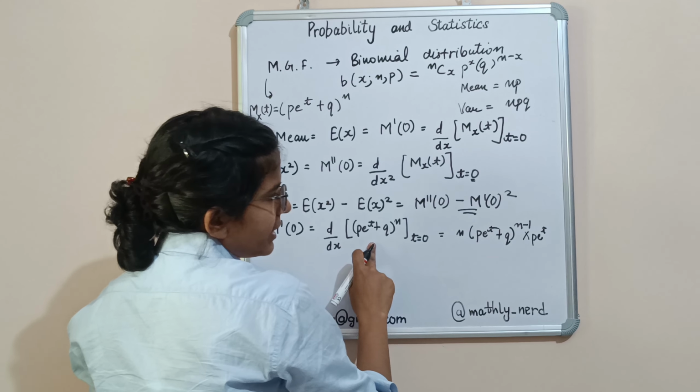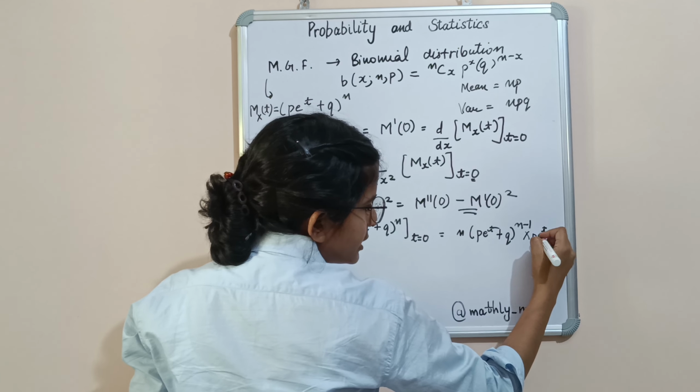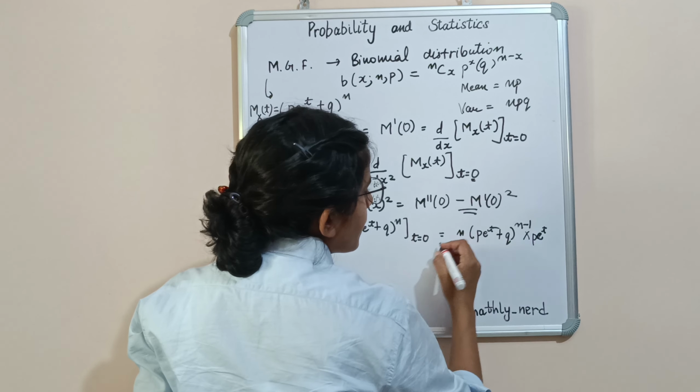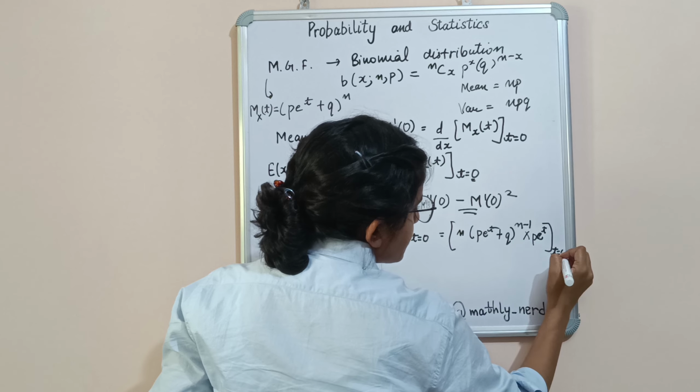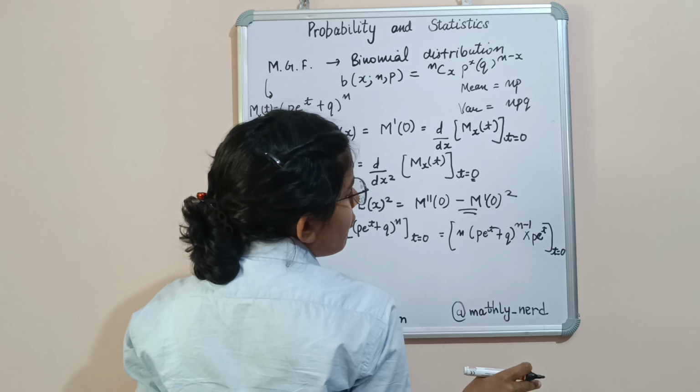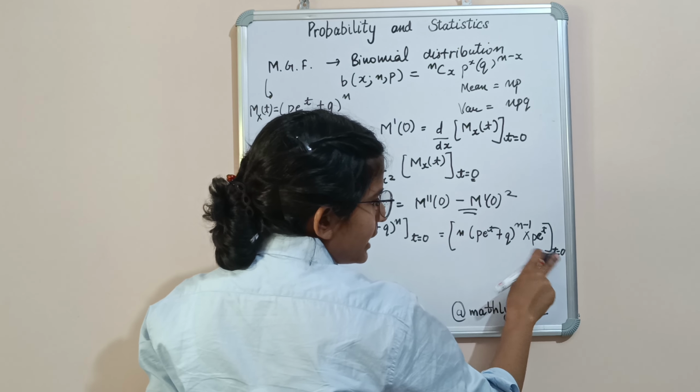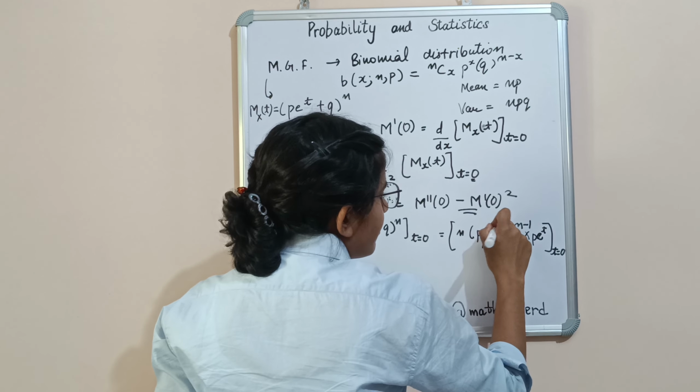The derivative of q will be equal to 0, so it will be just pe^t. And now we have to put the value of t equals to 0 in this. If we put the value of t as 0, e^t will equal 1.